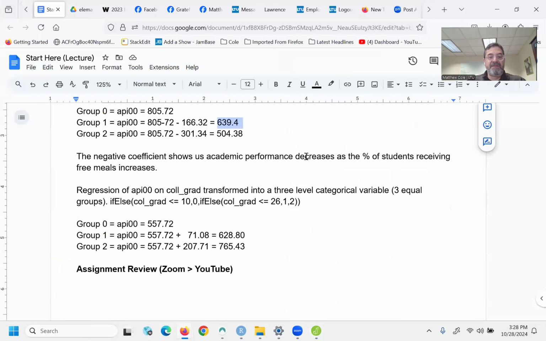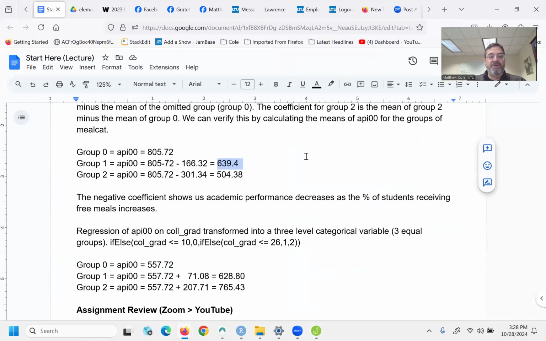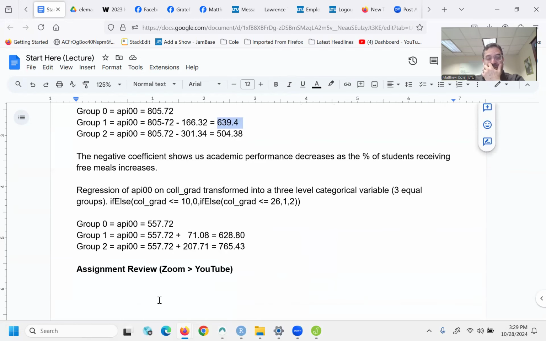I think that's it. All right, so recall that you could take any variable and turn it into a categorical variable for practice purposes, which I ask you to do in your assignment. So as an example, I'm reminding you how to take college grad, which is the percentage of parents with some college graduate, and turn it into a categorical variable, right?